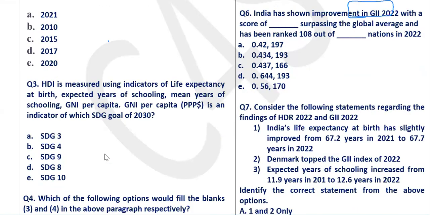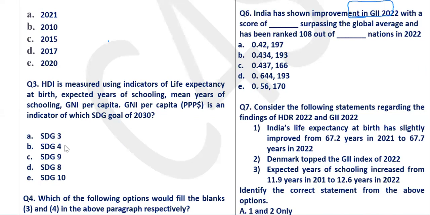HDI is measured using indicators of life expectancy at birth, expected years of schooling, mean years of schooling, and GNI per capita in purchasing power parity terms. GNI per capita is an indicator of which SDG goal of 2023?